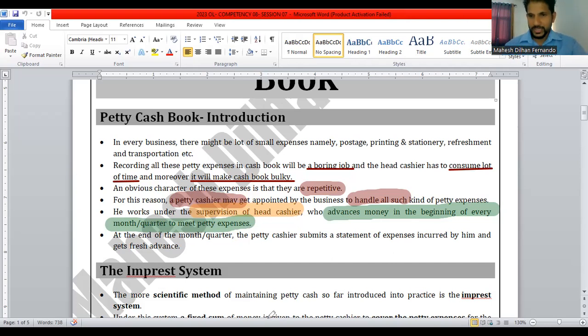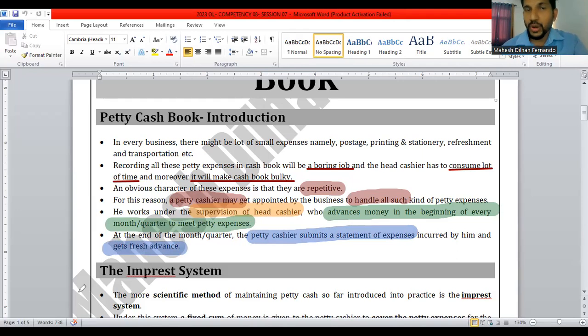And look at the next point. It says, at the end of every month or quarter, the petty cashier submits statements of expenses incurred by him and gets a fresh advance.